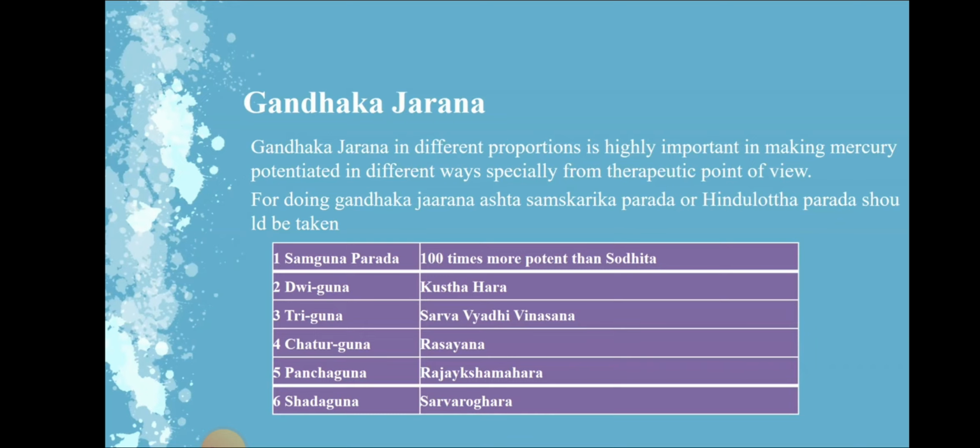When the sulfur melts completely, an equal quantity of mercury is added. When the liquefied sulfur is reduced to half of the earlier quantity, you have to add one part of the sulfur again. So now it will be 1:2.